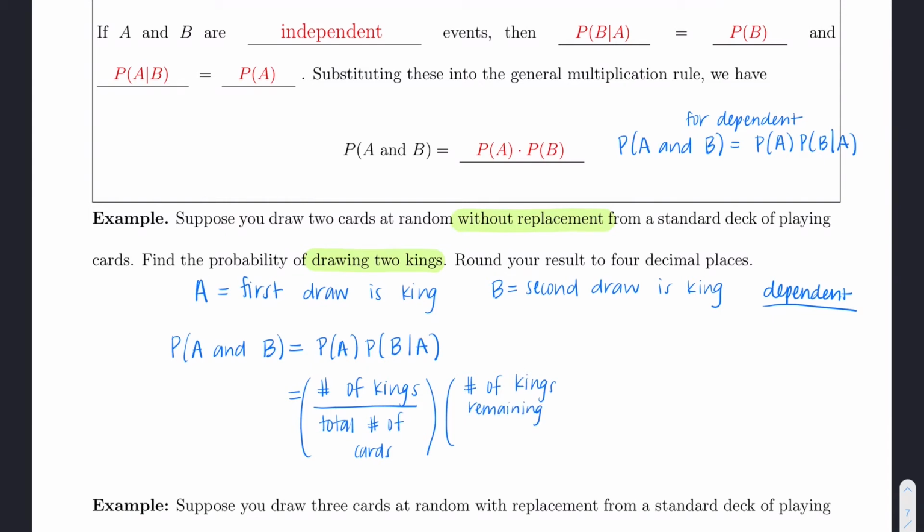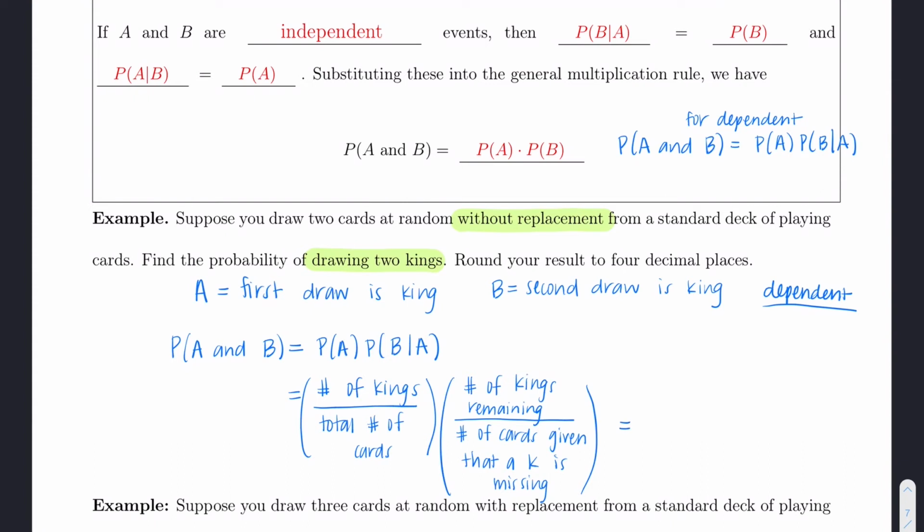If I've already pulled one out, then there are only 3 kings to choose from. And then I'm also dividing by the total number of cards remaining, because it's again on the condition that a king is missing. So the number of cards given that a king is missing.